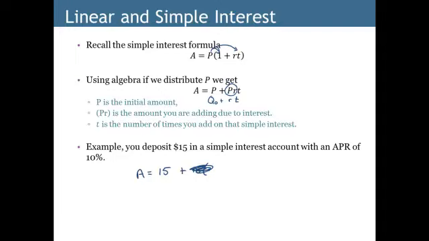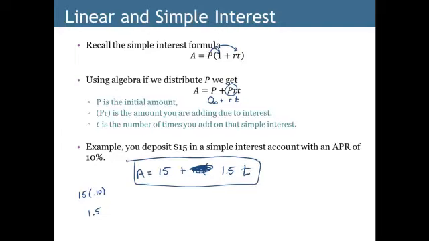Well, let's think of it this way. $15 times 10%, what's that? That is $1.50, right? So I'm going to get $1.50 in interest all the time. So $15 plus $1.50 in interest for every year. And so I could treat simple interest as a linear equation, linear growth.